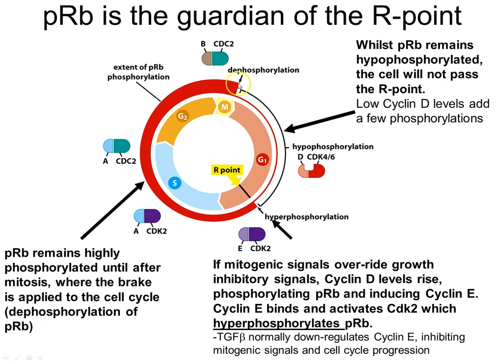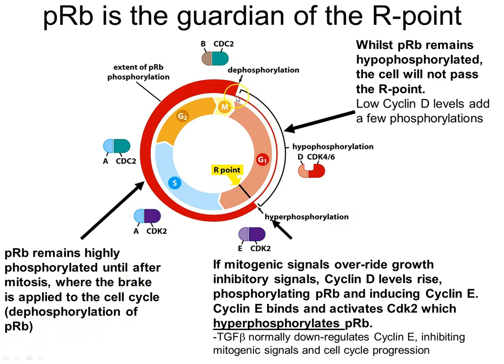And it can be dephosphorylated at mitosis, and then it remains unphosphorylated, and then cyclin D Cdk4 tags on a few phosphates on there, not many, but at this point here cyclin E is expressed, Cdk2 is now active, and that hyperphosphorylates pRB, and that hyperphosphorylated state is retained all the way through the cell cycle until it's dephosphorylated at the next cell cycle. This means that the cell can't enter another S phase unless it's been through a period of G1 phase and responded to growth factors.